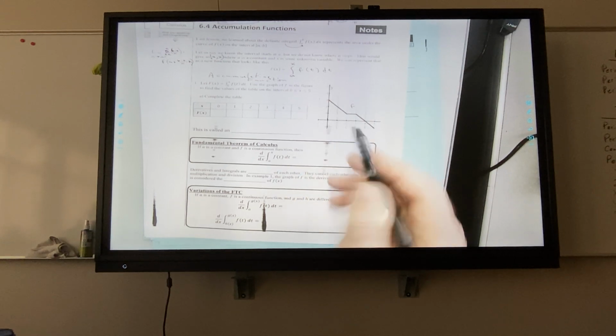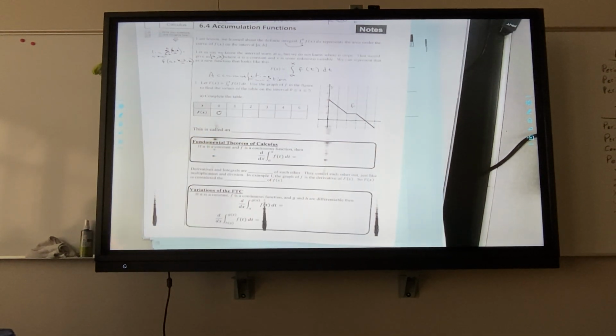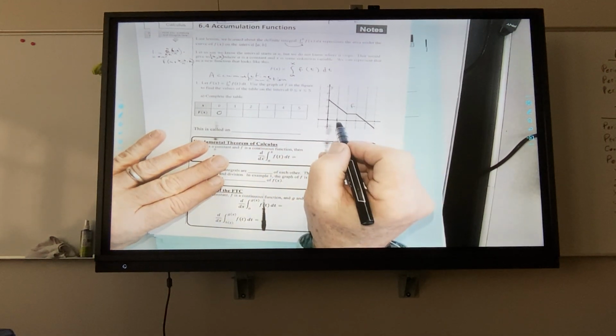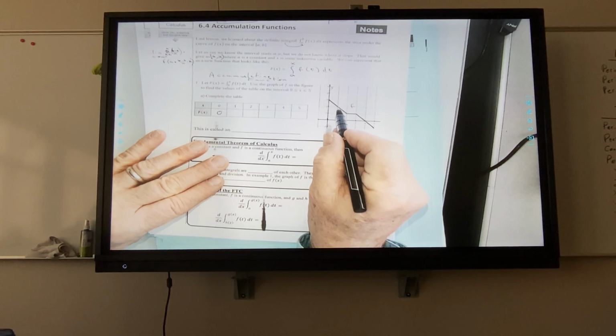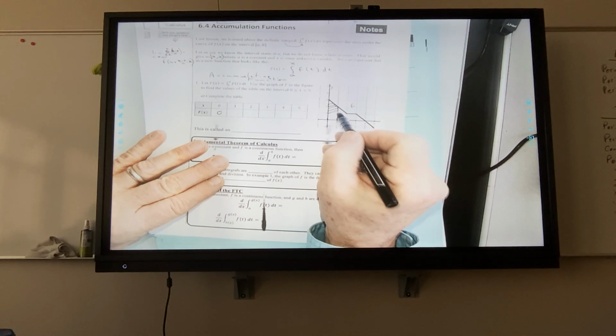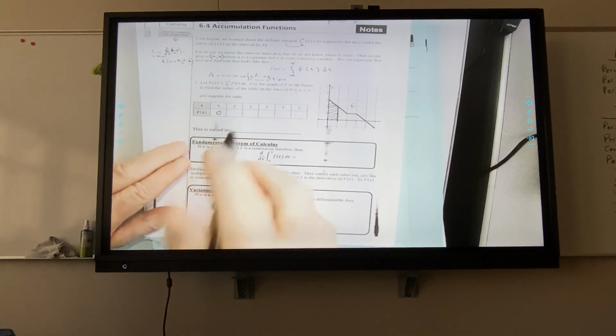None. So what we do is we say we have 0 area. Now I'm going to move to 1. So right here is going to be my area. I'm going to shade it in. And Owen, how much area would you say that is? 2.5. That's what I would say too also.